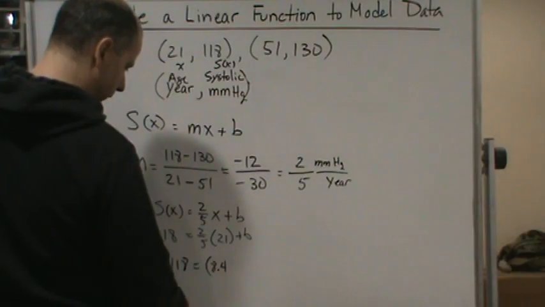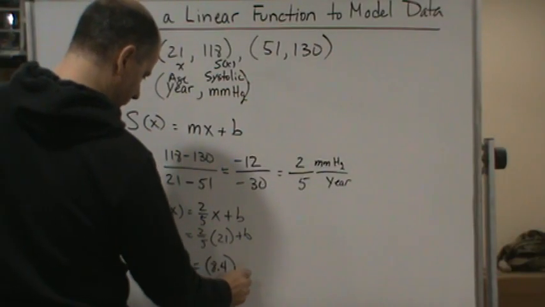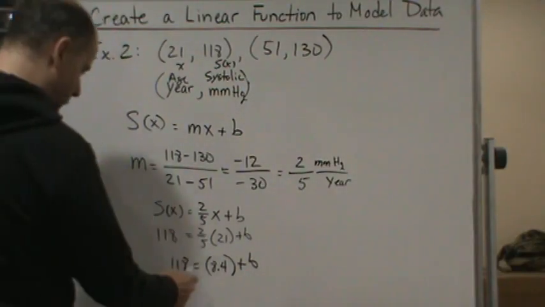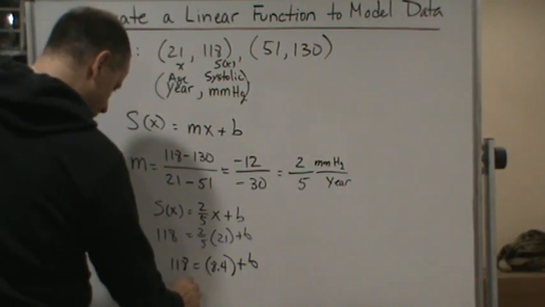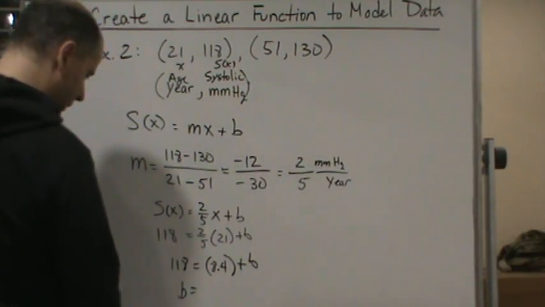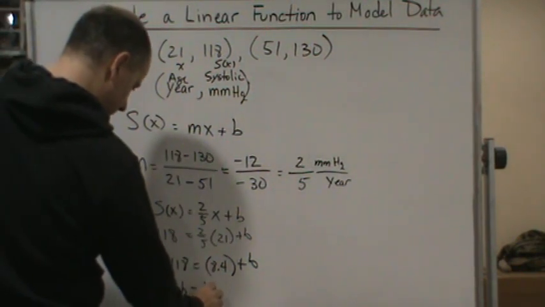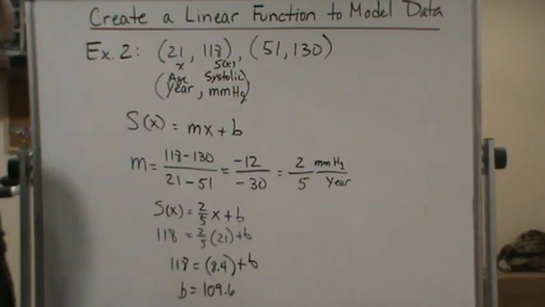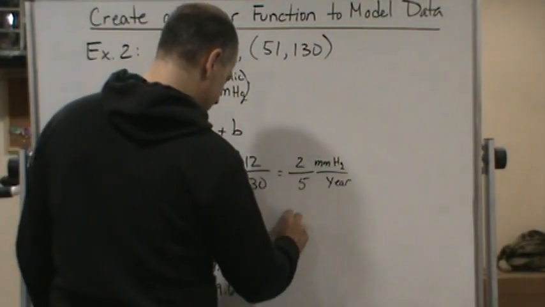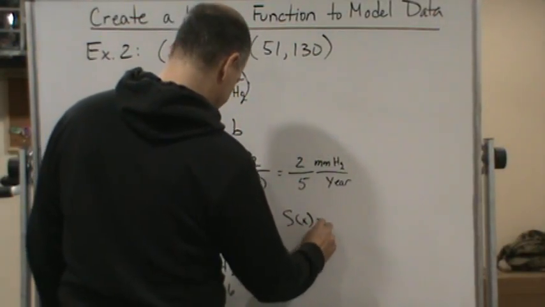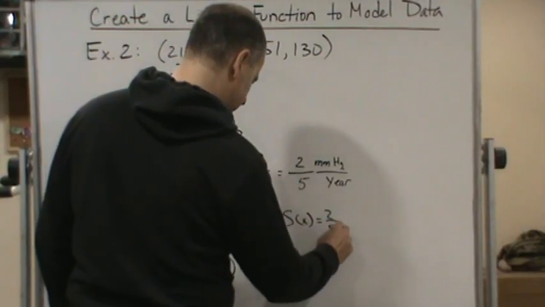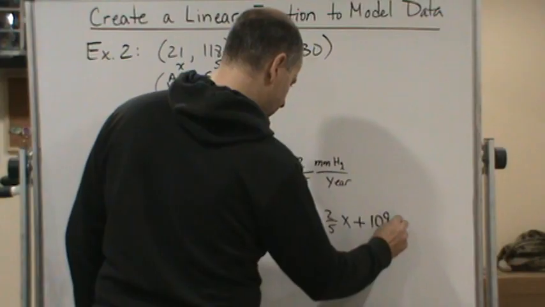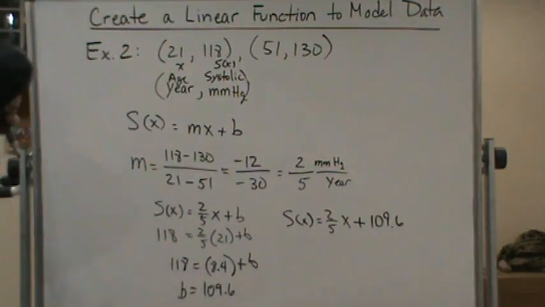So we get 8.4. So 118 equals 8.4 plus b. Now all we're going to do is subtract 8.4 from each side, and so b equals 109.6. Our final model is S of X equals 2/5 X plus 109.6.